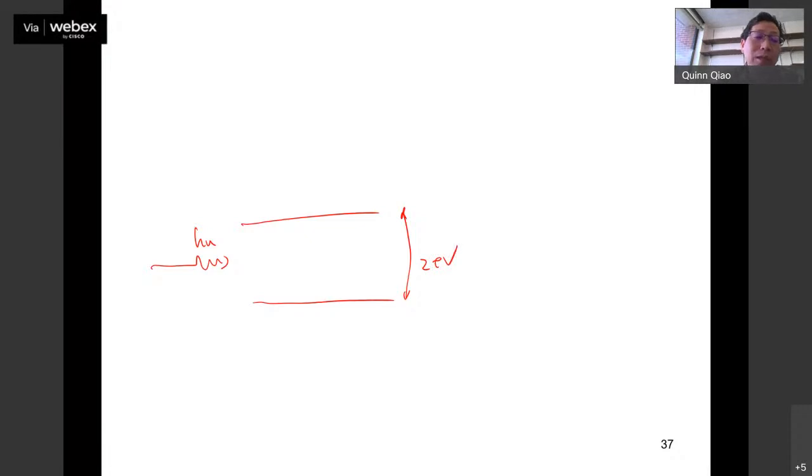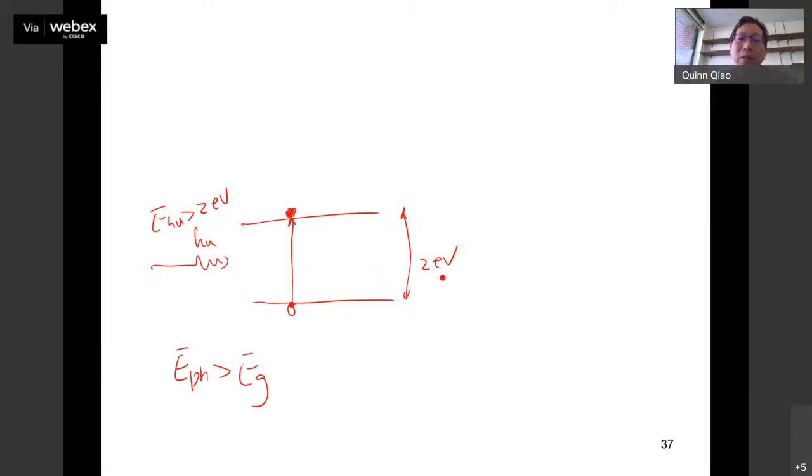By theory, only photons with energy h nu bigger than 2 eV can be absorbed, because you need to promote an electron from here to here, and then there's a hole here. So the photon energy has to be bigger than the band gap, E photon bigger than E_g. Then you can absorb it.